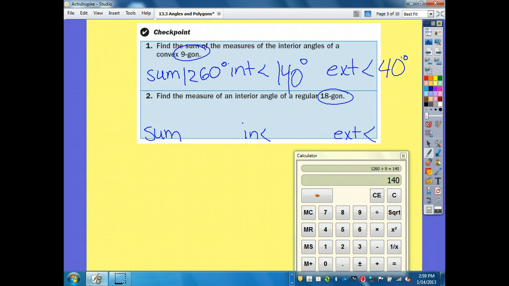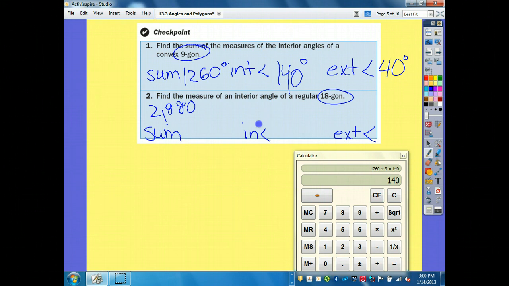Excellent. All right, the sum for an 18-gon. Good. Can I just write it down? Yep. That is what? Can I see? 2,880? Oh, yeah, is that what you get? Yeah. Okay.